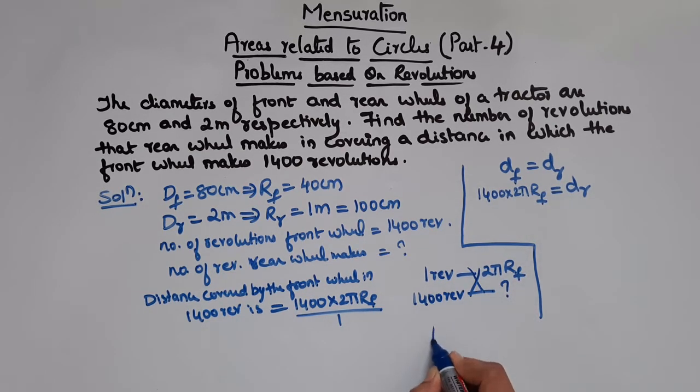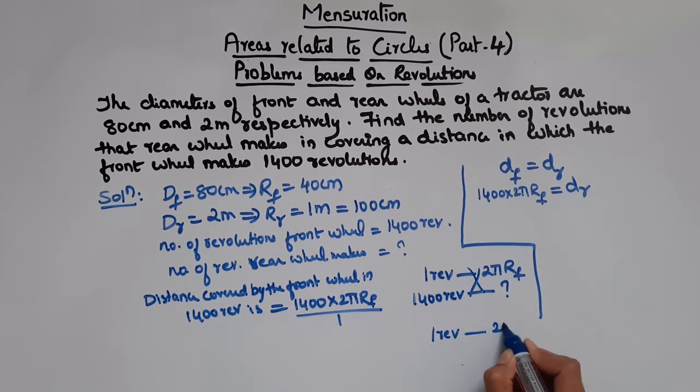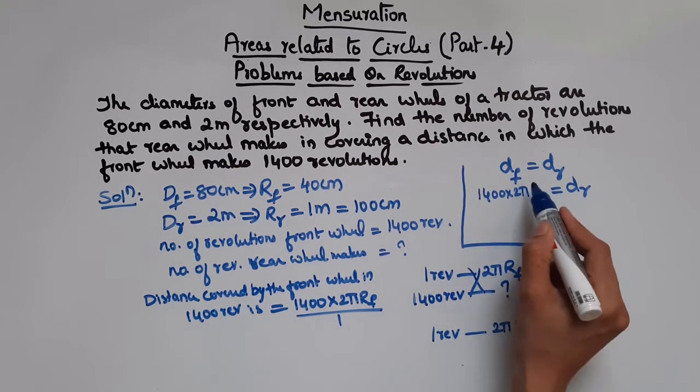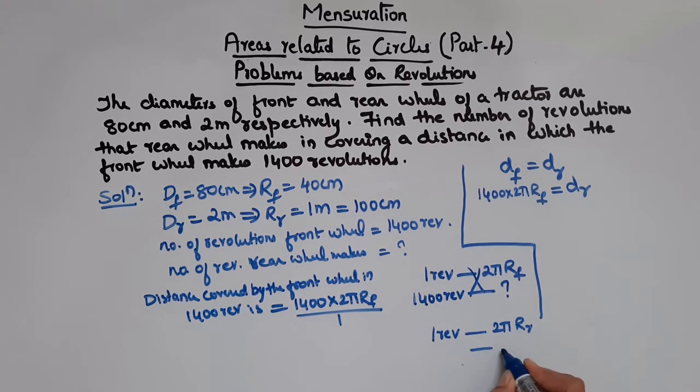So we know for one revolution the distance covered by the rear wheel is 2 pi r, where r is the radius of the rear wheel. So for this distance, what is the number of revolutions? The distance here is 1400 into 2 pi rf.